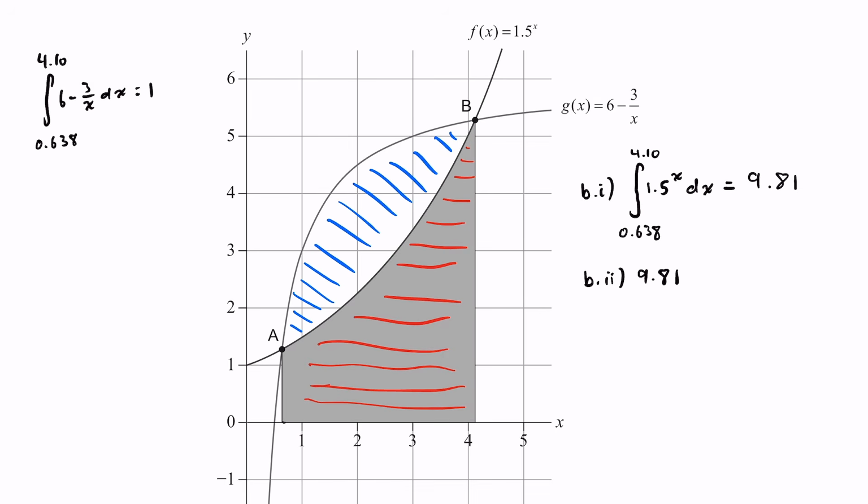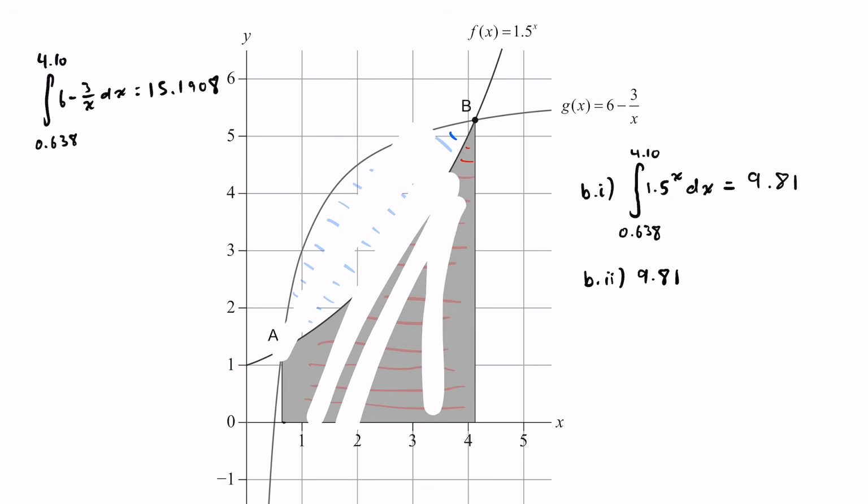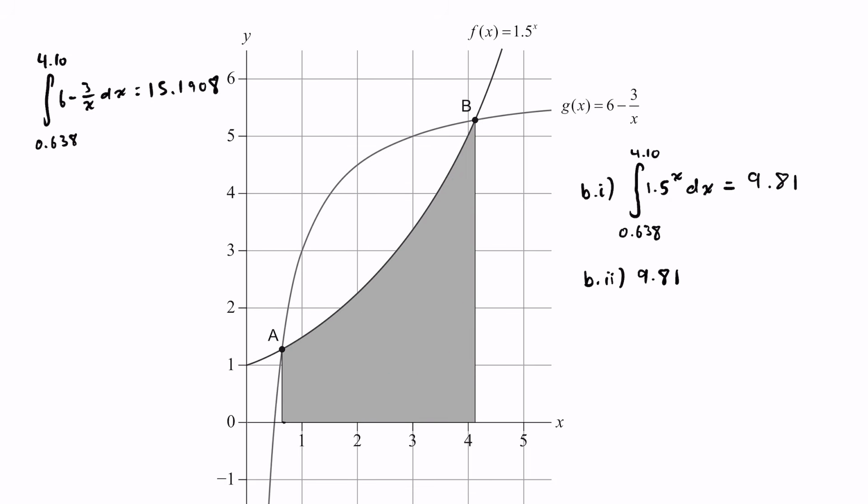This is 15.1908. I actually want to erase this and just provide another explanation of what's going on. Essentially what we did is we found, with this 15.1908, that refers to this entire set, this area under the curve right here.